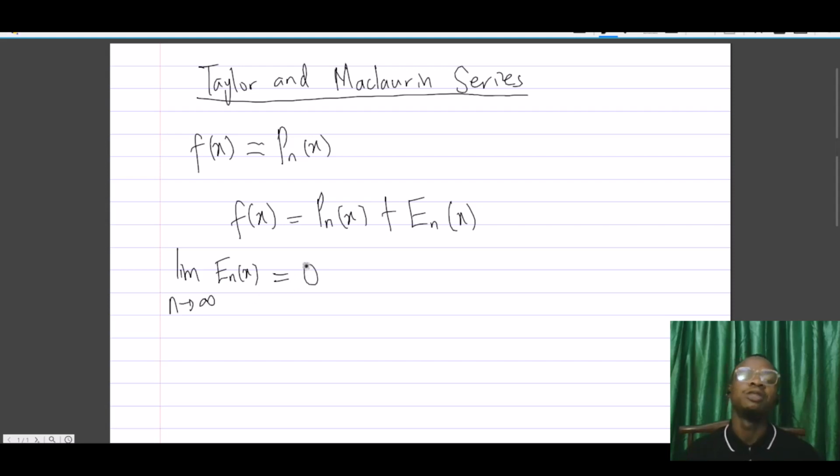That means that if we take infinitely many terms, that is, our n is infinitely large, then Pn of x, that polynomial, is going to be equal to the function. Of course, we cannot realistically have infinitely many terms, because we cannot plot that.